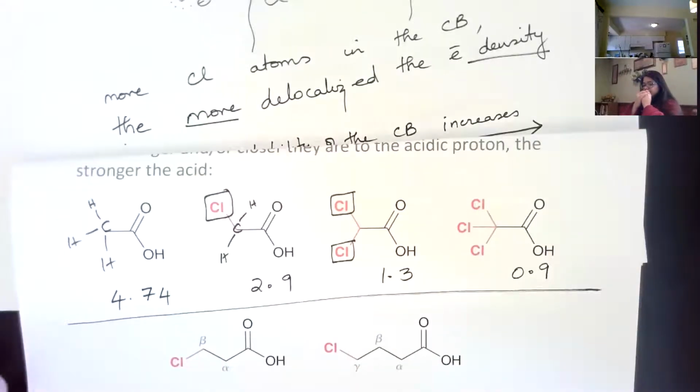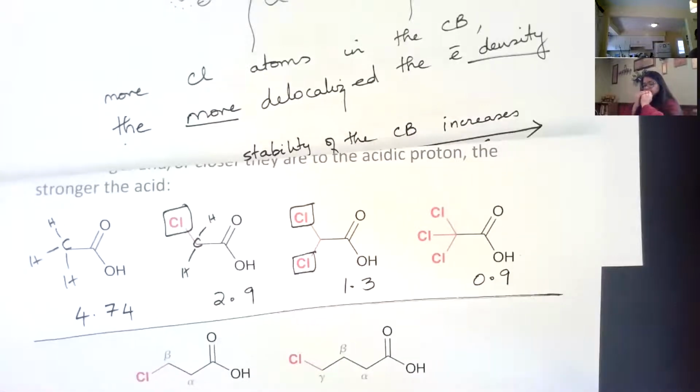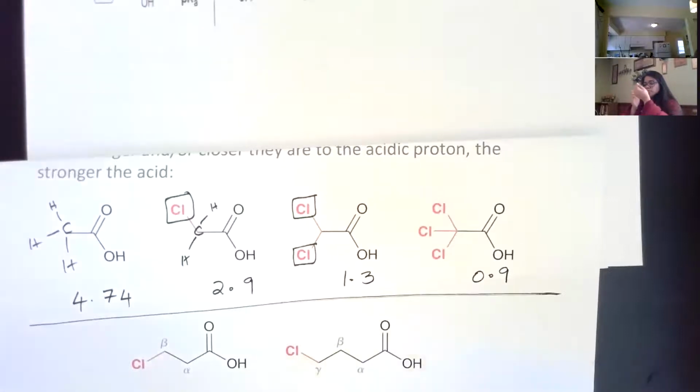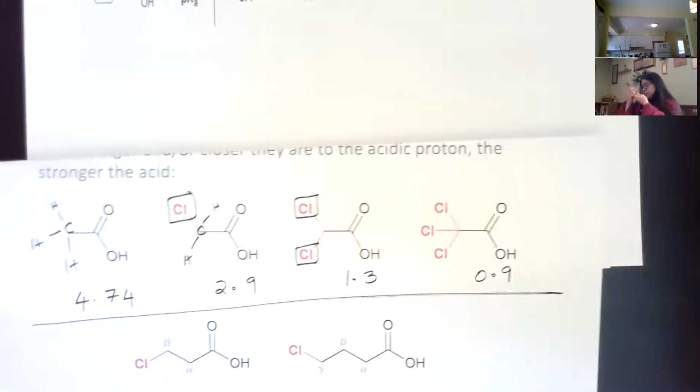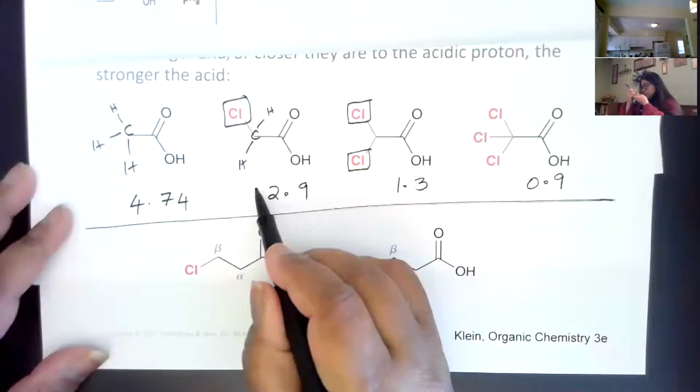Now, tell me, all right, got this part? Understood? Because we're going to look at more examples and then I'm going to assume you know this part. Now, I'm going to ask you a question. Compare this with this.